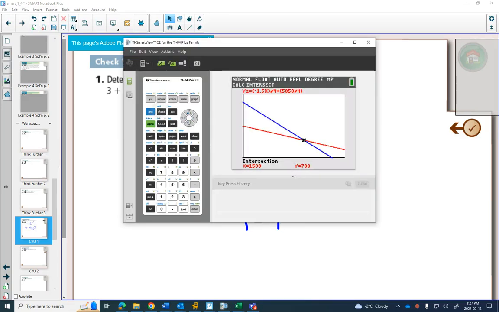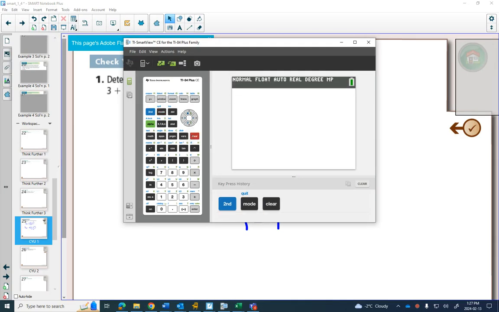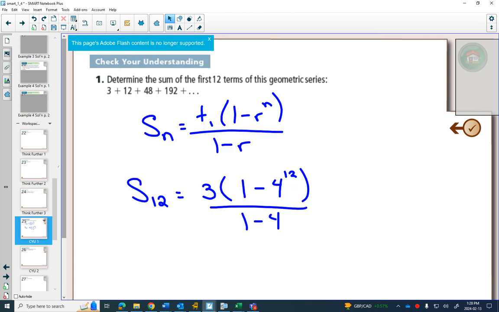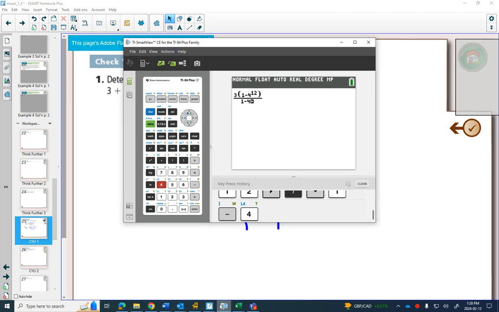So what I'm going to do is, if you have the fraction button, you'll be able to hit the alpha button and y equals, and the fraction will appear. Then you can type in exactly what we had. So we had a 3 bracket 1 minus 4 to the exponent of 12. Now when you get up to the exponent of 12, you're going to have to hit over to come back down. Close that bracket, over 1 minus 4. So we can type in exactly what we had there and push enter and get our answer, which is a very big number.